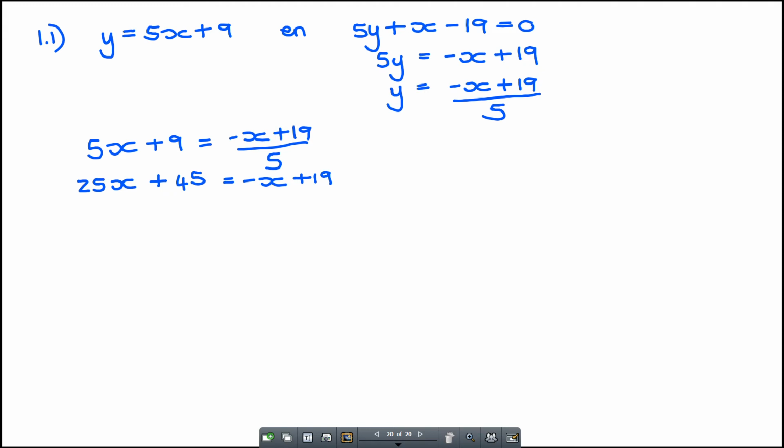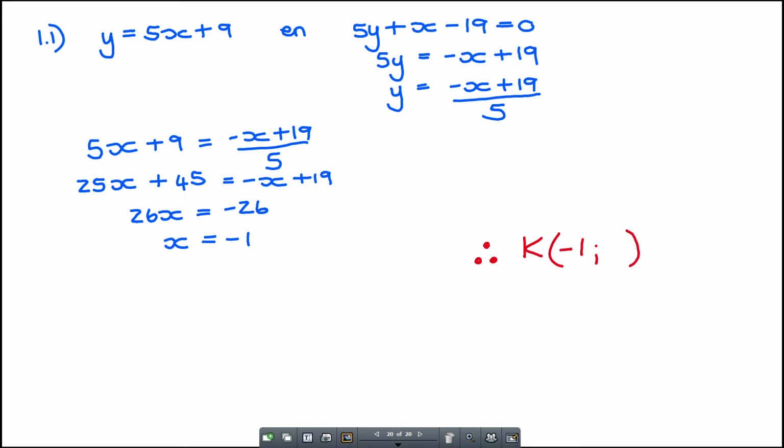Right, now we take all the unknowns to the left. So I'm going to have 26x is equal to normal numbers to the right, minus 26. Wat beteken dat x is minus 1. So daar het ek klaar die x value at K.